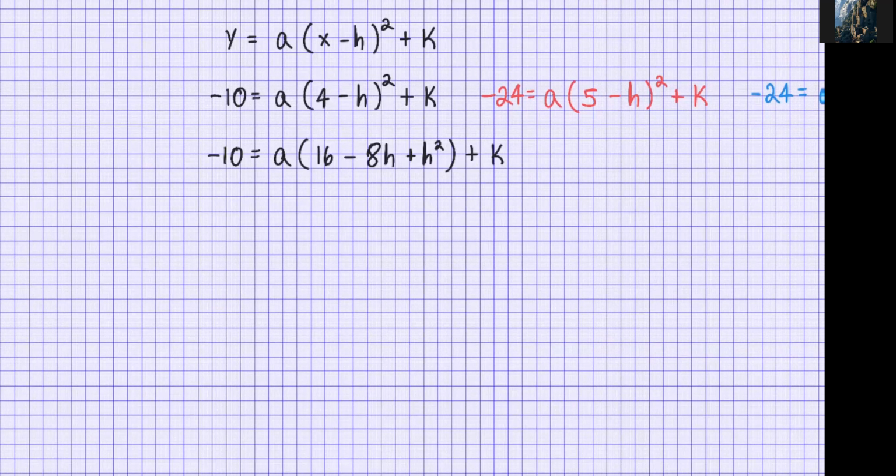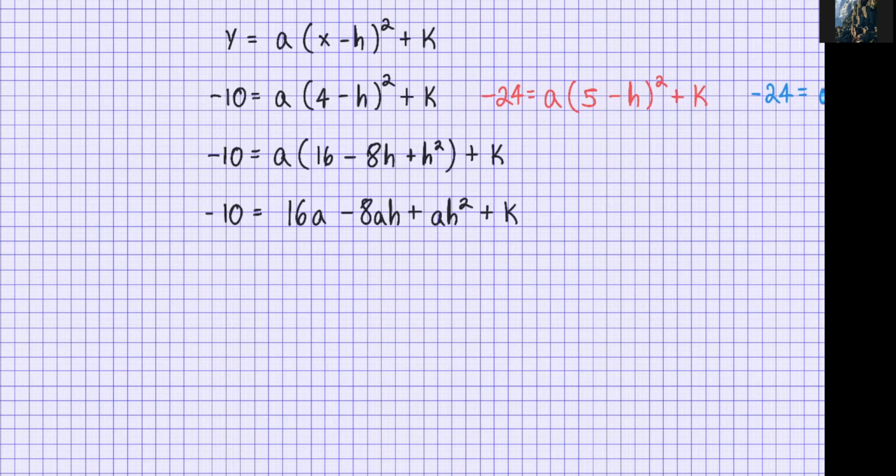So now I will apply the distributive property. So I will have 16a, minus 8ah plus ah squared plus k. Again, what I just did is apply the distributive property and multiply this a into the parentheses. So I multiply it times the three terms.